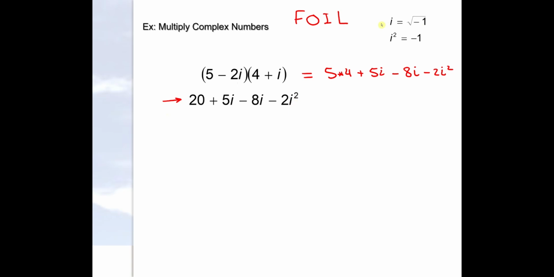Then we know that j is the square root of -1, so j squared is equal to -1. Replace this j squared by -1. Also, you have two imaginary numbers here that you can add together: 5j minus 8j gives you -3j.